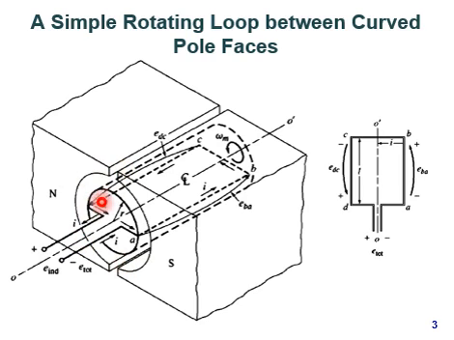And then there is a simple loop in between these curved pole faces, and this loop is rotating. The loop is also shown over here.